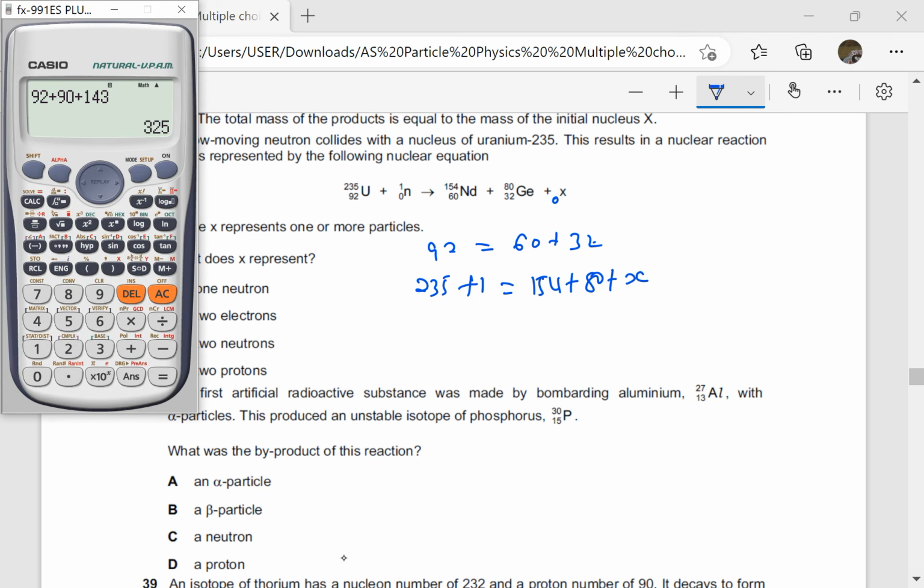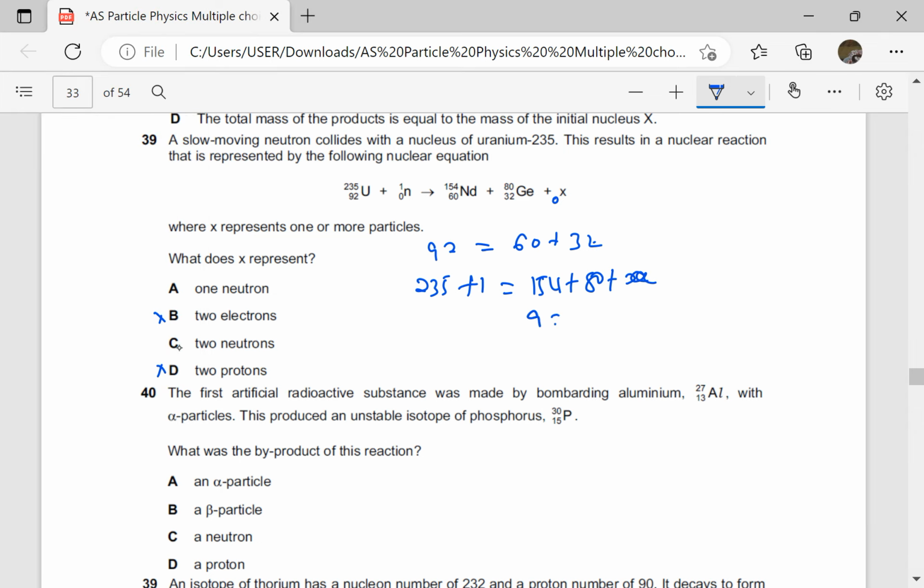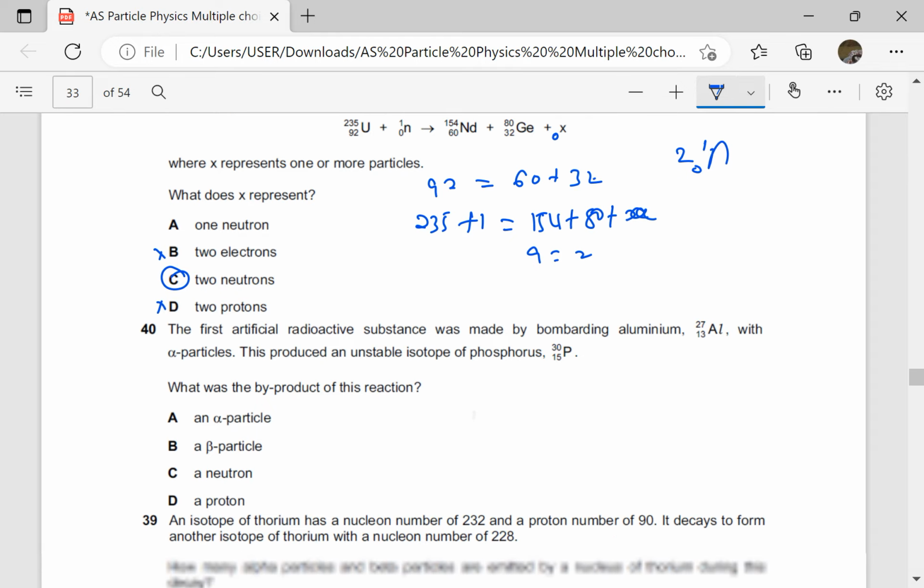But how many particles of X? So we have 235 plus 1 minus 154 minus 80. That is 2. So the number of particles of X, if I call that A, is equal to 2. So this is going to be neutron (1, 0) times 2. So there are 2 neutrons.